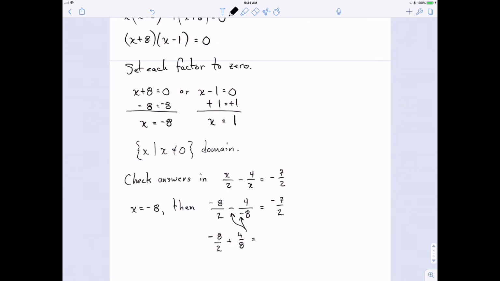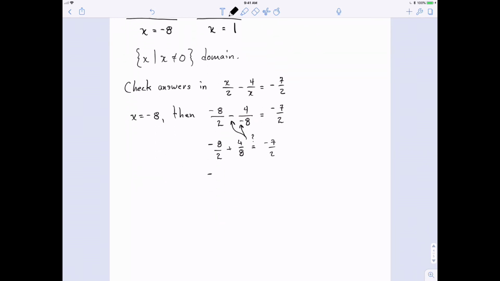Is this true? Remember that 4 over 8 is just a half. So we can just go negative 8 plus 1 over 2, and sure enough, that does equal negative 7 over 2.